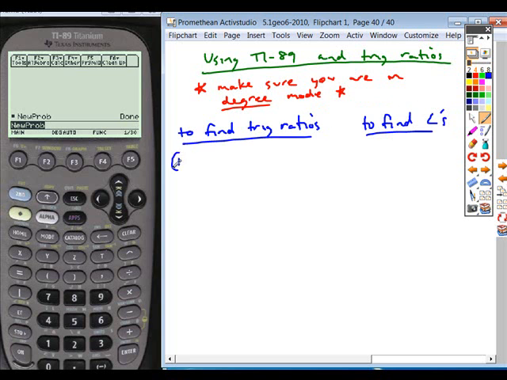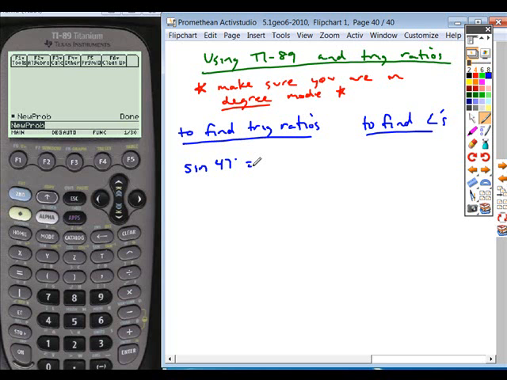If you're finding trig ratios, this is probably what you would most likely have done in the past. If you wanted to evaluate the trig ratio for the sine of 47, what it's asking you is to find the ratio of the opposite side to the hypotenuse in any right triangle with a 47-degree angle.